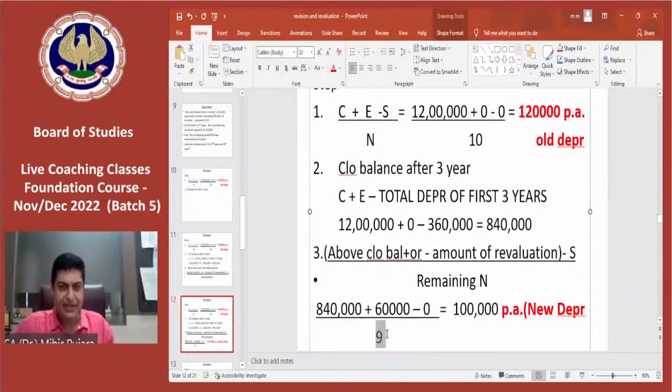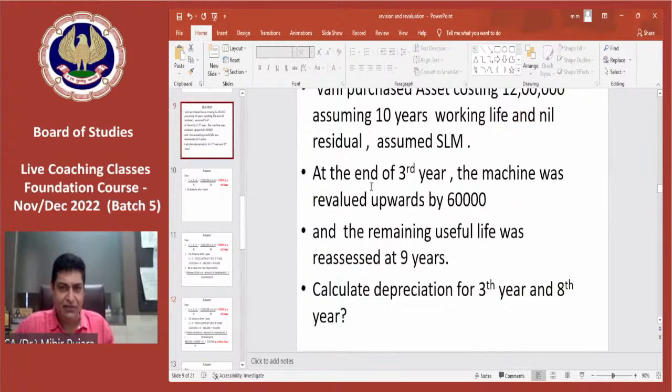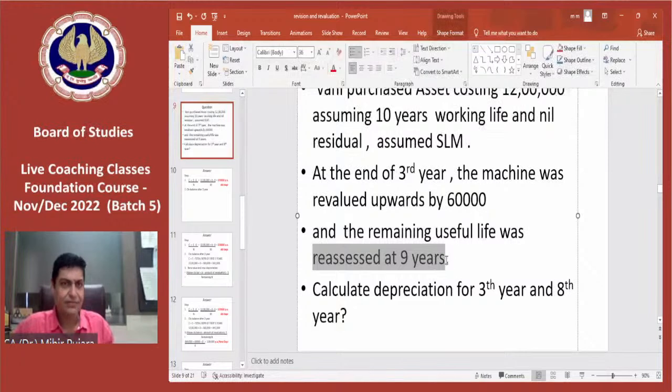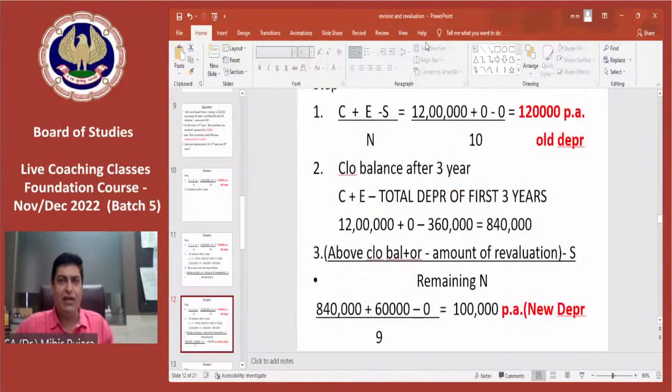Divide by 9, and 9 is given in the question. So value will be increased by 60 and remaining life is 9. So new depreciation will be 1 lakh.